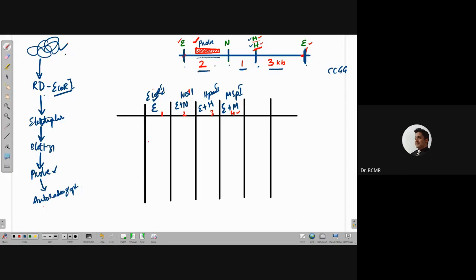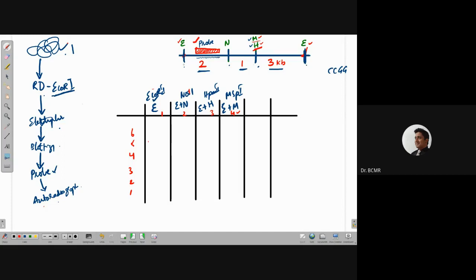If I performed DNA isolation, restriction digestion with only EcoRI, electrophoresis, blotting, probe, and then autoradiography, what am I likely to find? Where would I find a band? Please answer: 1 kb, 2 kb, 3 kb, 4 kb, 5 kb, 6 kb.